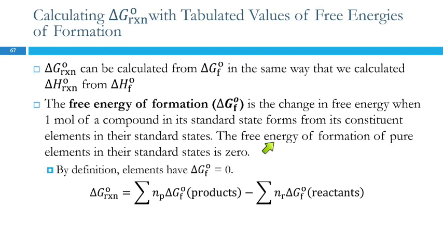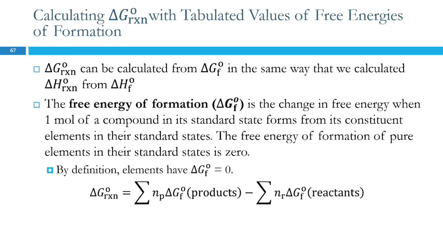The free energy of formation of pure elements in their standard states is 0. Delta G behaves a lot like delta H. Elements in their standard states, 0, right? If you're looking at something else, you're looking at either the change in enthalpy or the change in free energy for forming whatever that is from the elements in their standard states.